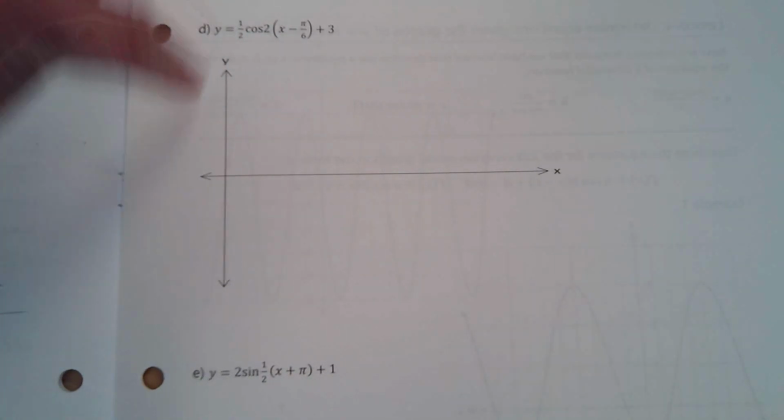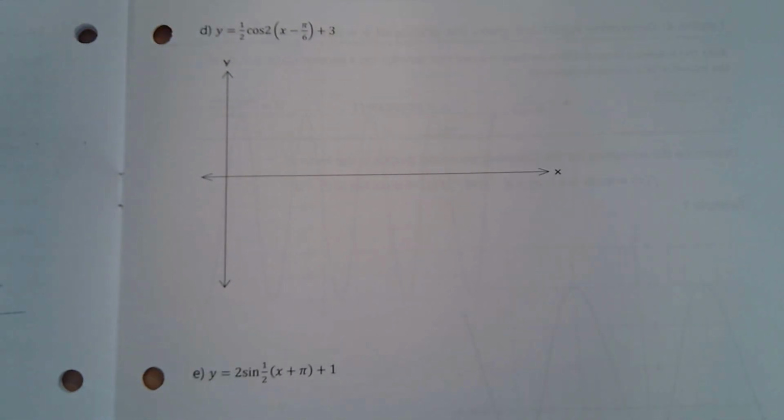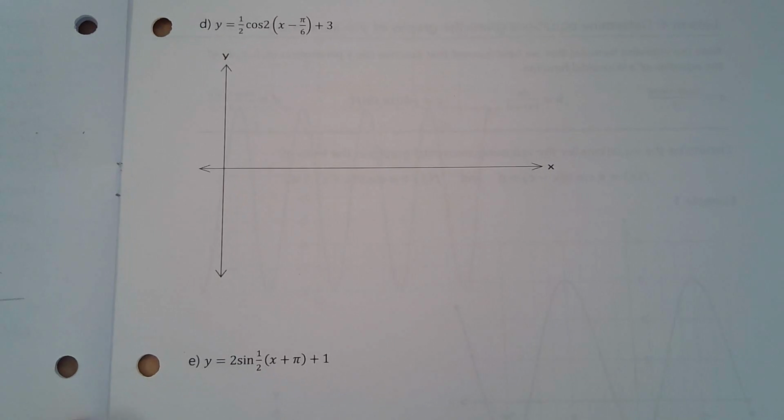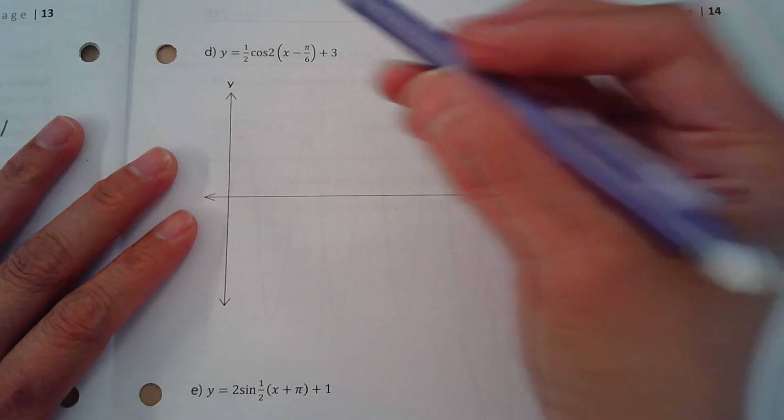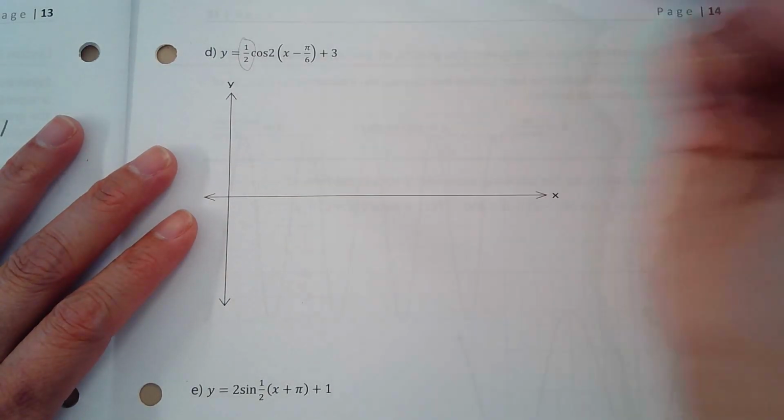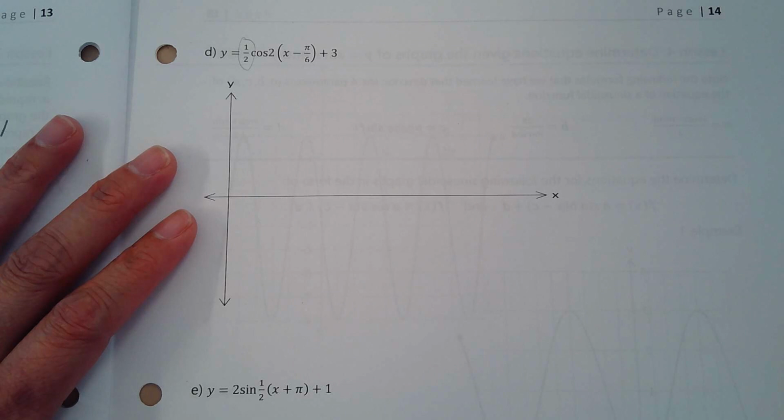I'm gonna try D together with you, and then you can try the E on your own. Okay, so what do you think? What's happening in here? Vertical compression by a factor of a half.